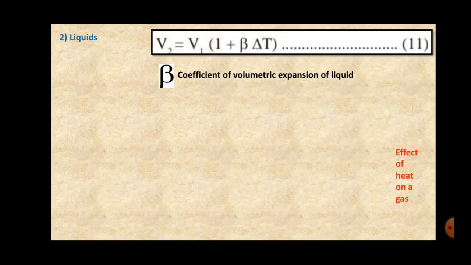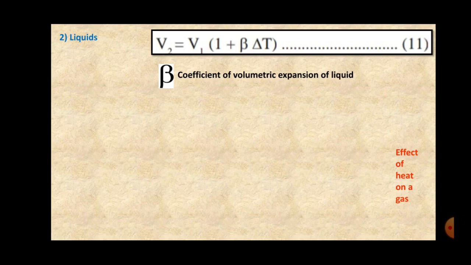The next is the liquids, expansion of liquids. Now we know that the liquids do not have a definite shape, but they have a definite volume. So we can define the volumetric expansion coefficient with the help of the following equation.